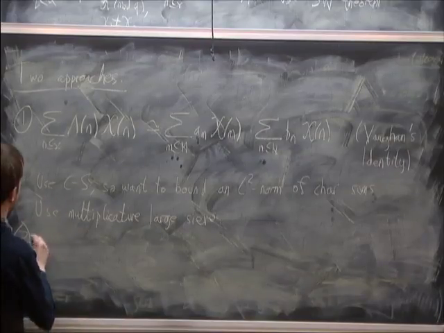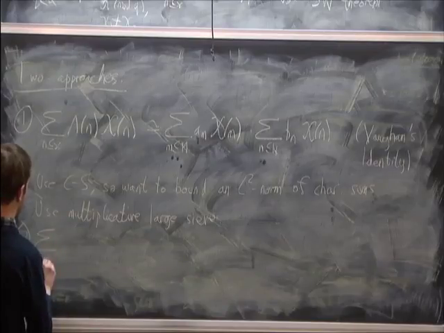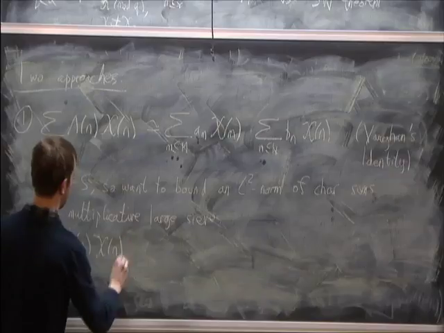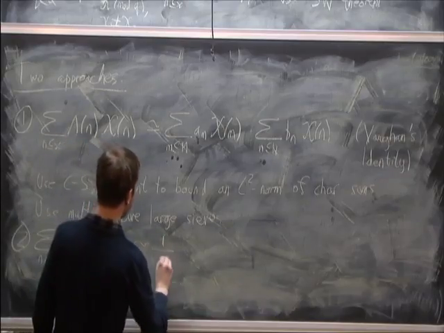So the other option is the sum over n less than x of Lambda(n) chi(n). This is a contour integral, as we saw before.